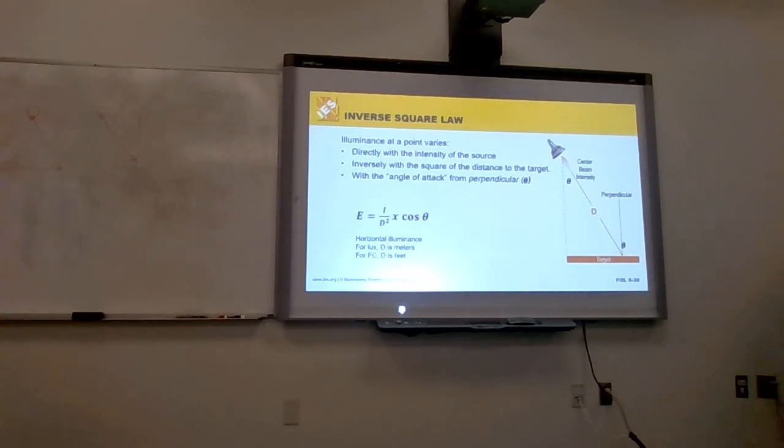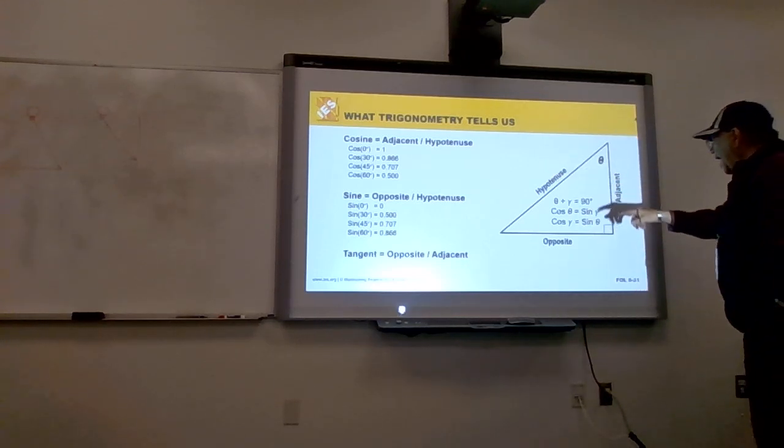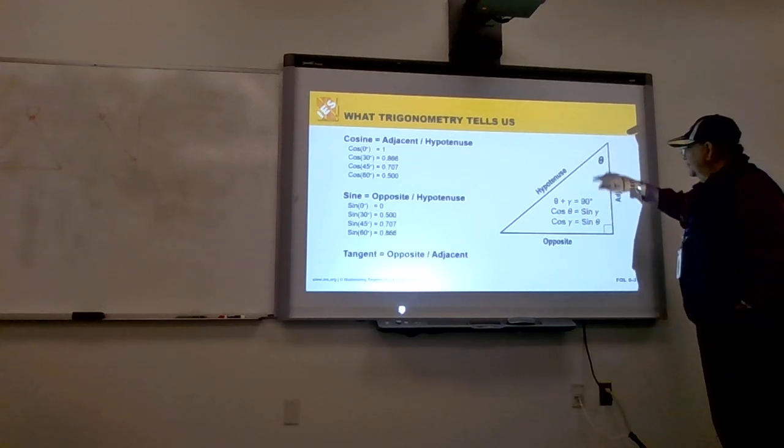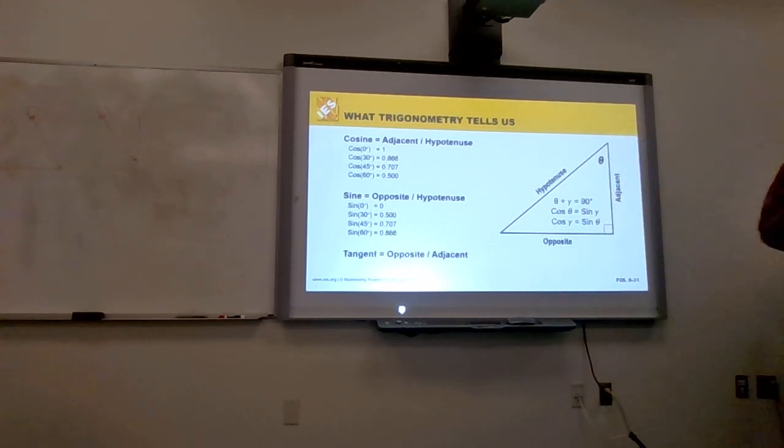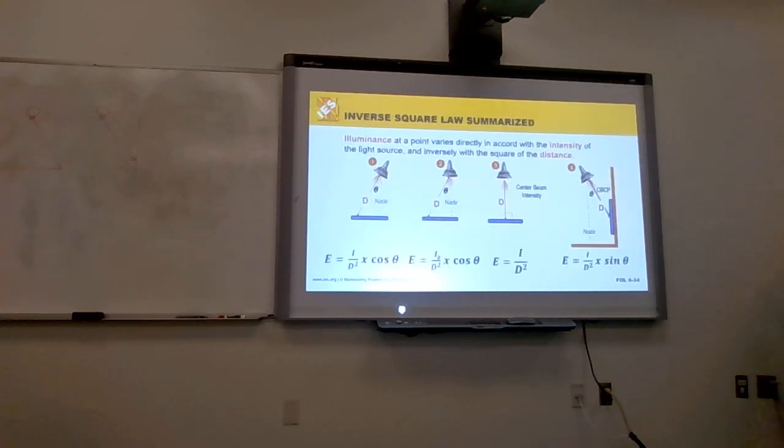I'm going to go over this in a second. They complicated this. But as you can see here, there's a cosine, adjacent to the hypotenuse. Okay? Those are the three formulas that are represented on the chart that I have for you.